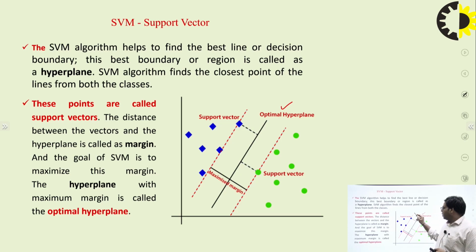Already I have given you some idea, and the choice of these lines is based on these support vectors. So these close points are called the support vectors. The distance between the vector and the hyperplane is called the margin, and the goal of SVM is to maximize this margin. The hyperplane with the maximum margin is called the optimal hyperplane.